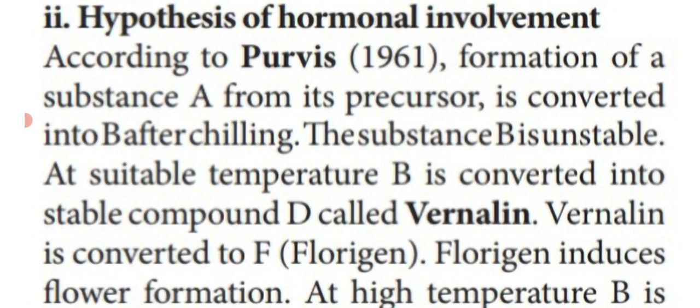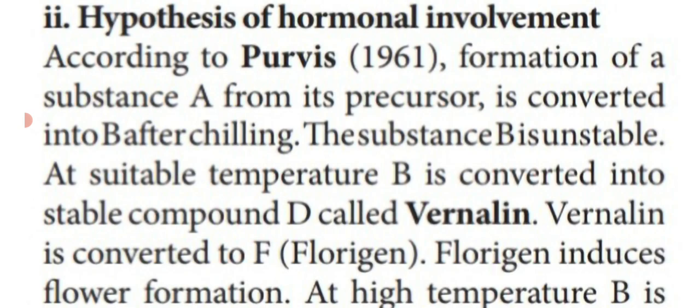Chilling means if you place the plant at a low temperature, that is 0 degrees Celsius to 5 degrees Celsius, the A form is converted into B form. But the newly formed B substance is unstable. So, at a suitable temperature, the B is converted into a stable compound D called vernalin.